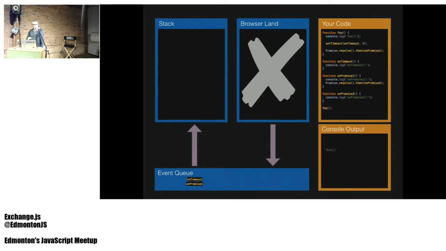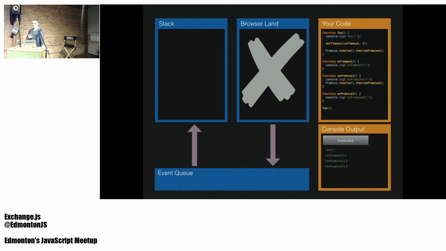So what just happened is we ran the foo method. OnTimeout and OnPromise1 both got pushed into the event queue. When OnPromise1 finishes, it will push OnPromise2 into the event queue. So both of those finished. They logged their output to the console, and now OnPromise2 is in the output.